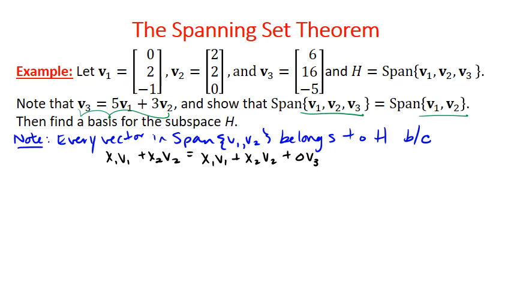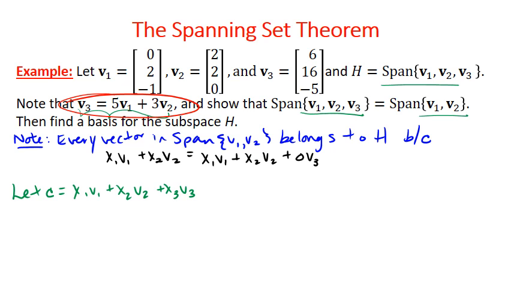Let c be any vector in H. So we are going to let c be x1 v1 plus x2 v2 plus x3 v3. Okay, easy enough. So it's some vector in H. Well, now we know that v3 is equal to what I've circled in red here.